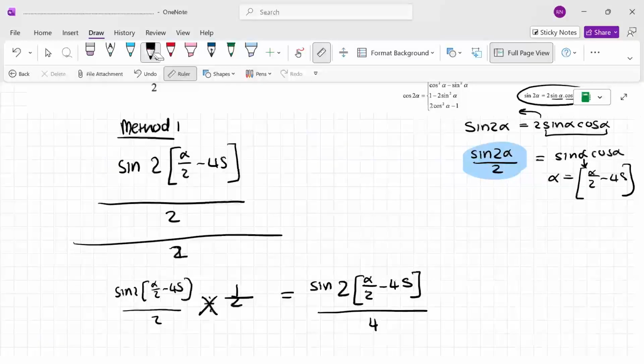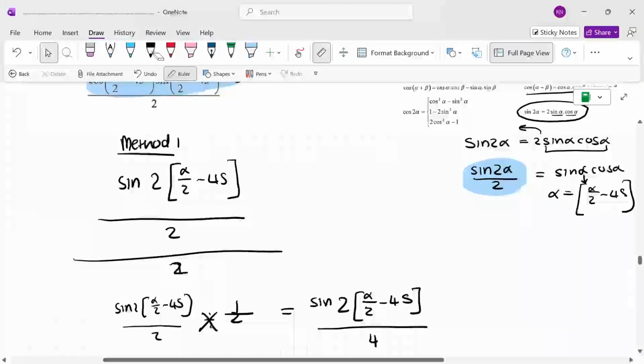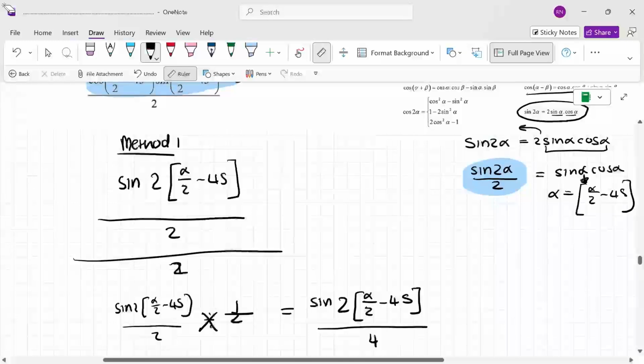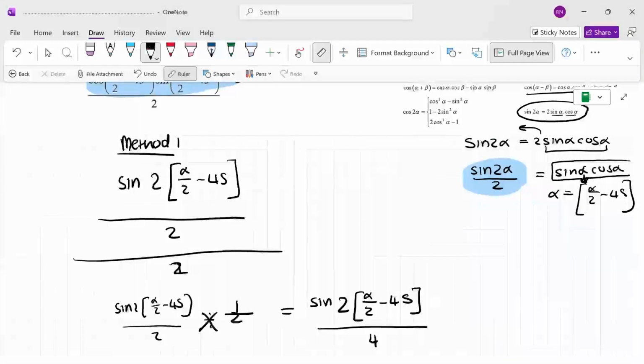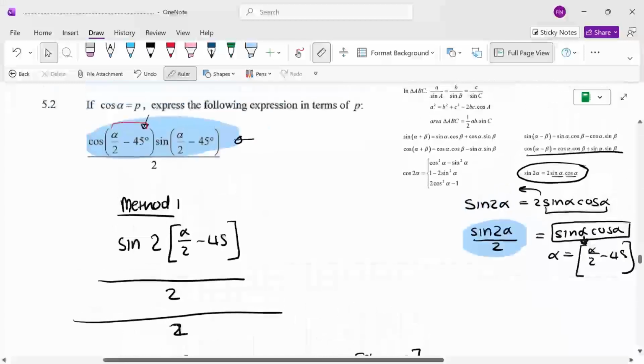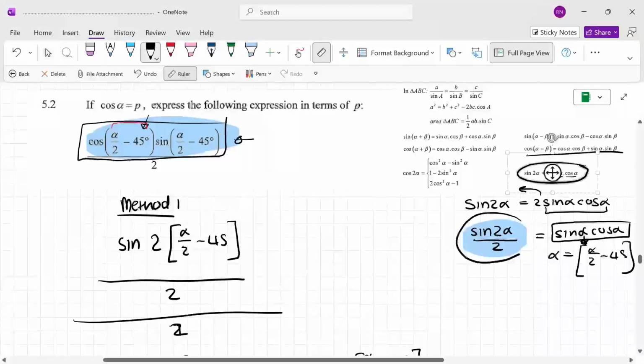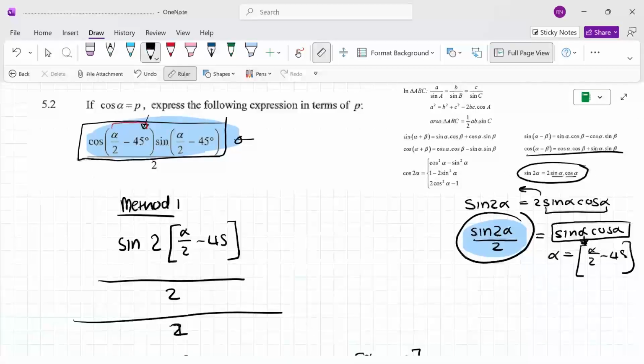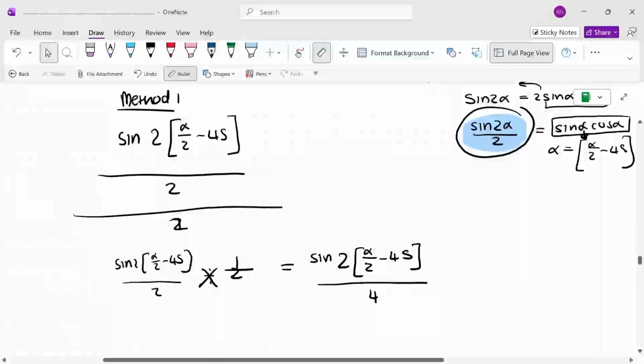Okay, so I haven't found alpha yet. I just said that we were replacing this, sine alpha cos alpha, with sine 2 alpha over 2, and that's what I've done.